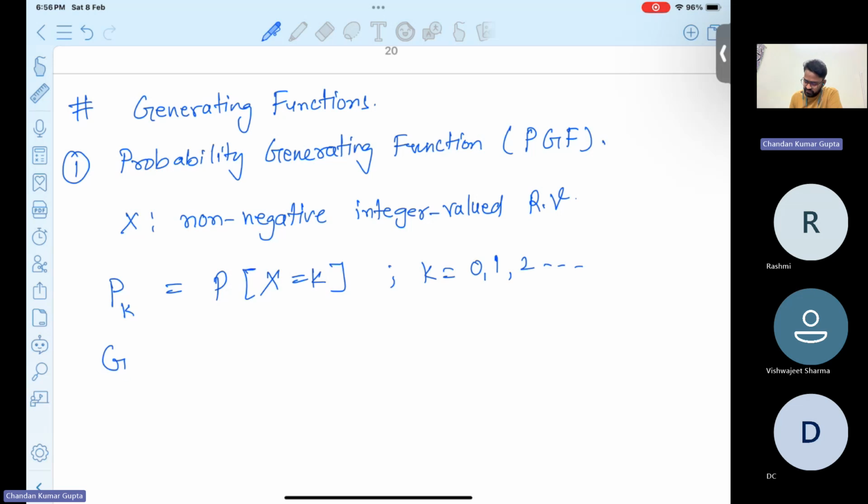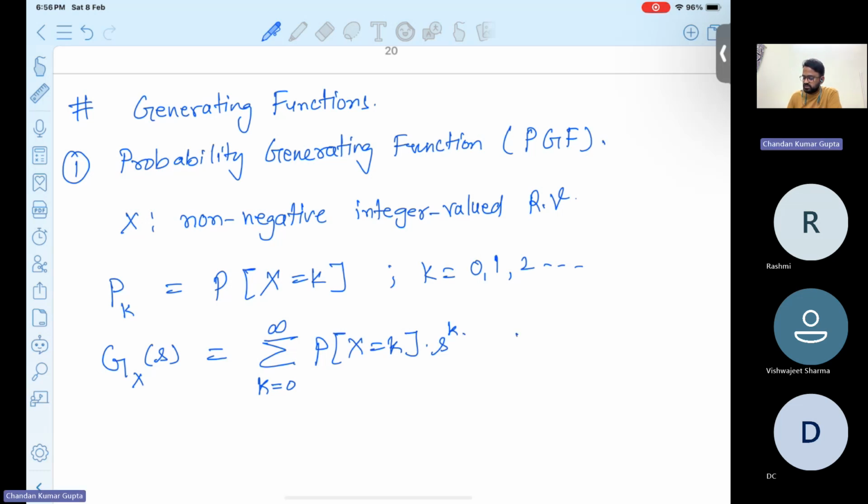Then the PGF of the random variable X with a dummy variable s is defined as the summation over k from 0 to infinity of the probability that X equals k times s to the power k. This is the definition of the probability generating function, and s lies within.